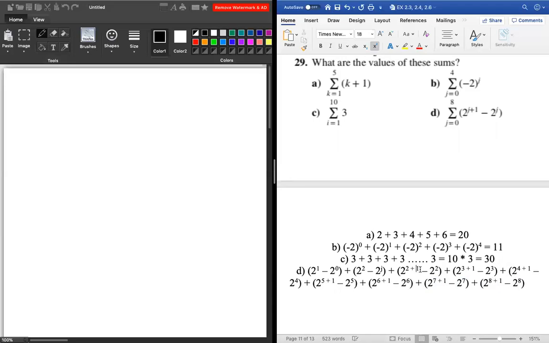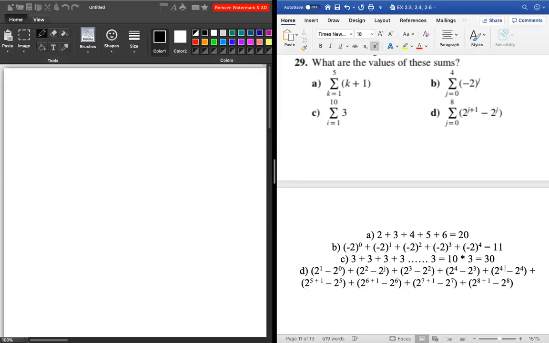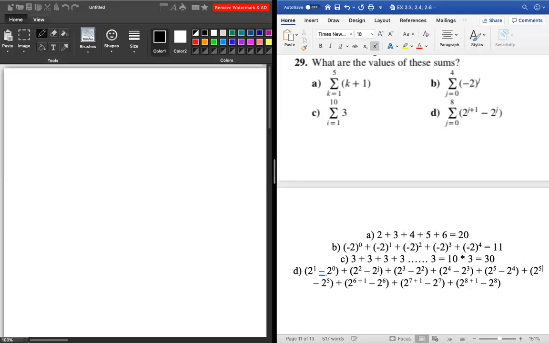So 2 plus 1 here equals 3. 3 plus 1 equals 4. 4 plus 1 equals 5. 5 plus 1 equals 6. 6 plus 1 equals 7. 7 plus 1 is 8 and 8, and this one here is 9. Okay, and we will solve this, and then the answer here for this part is 511.